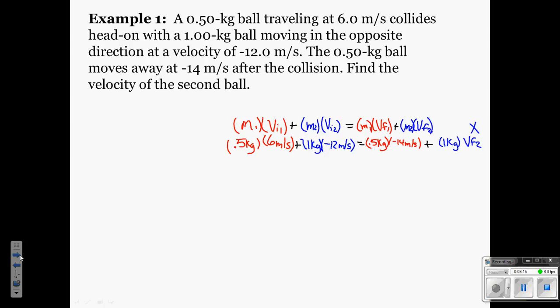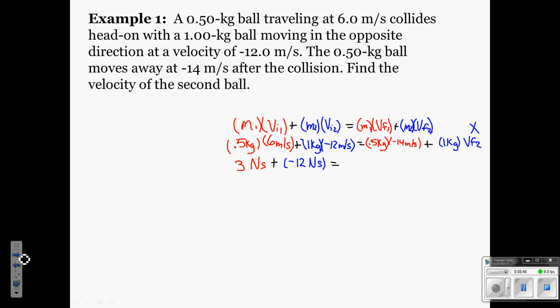So if we do this, we're going to take our 0.5 times our 6. And if you didn't already figure that out, that is 3. Kilograms times meters per second is Newton second, or NS. 1 kilogram times negative 12 is going to be negative 12 NS. Make sure you're writing the correct units.